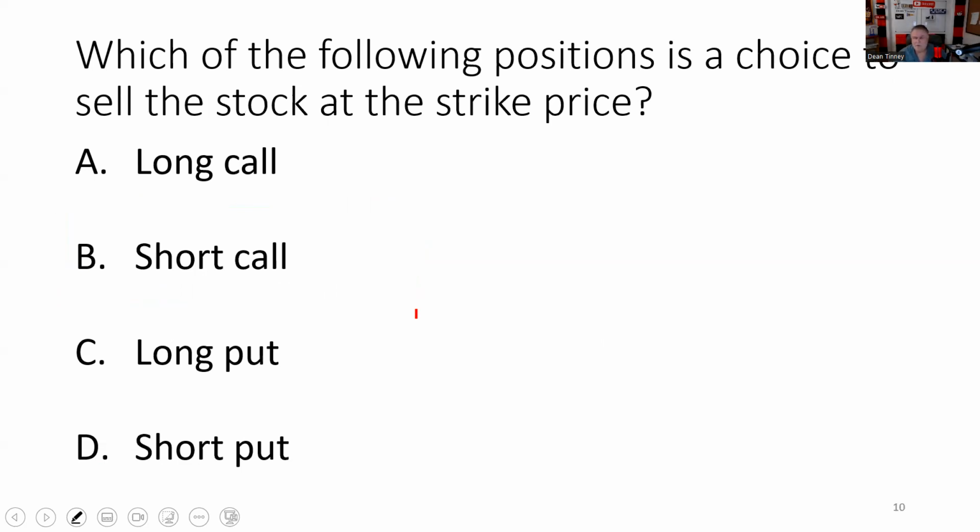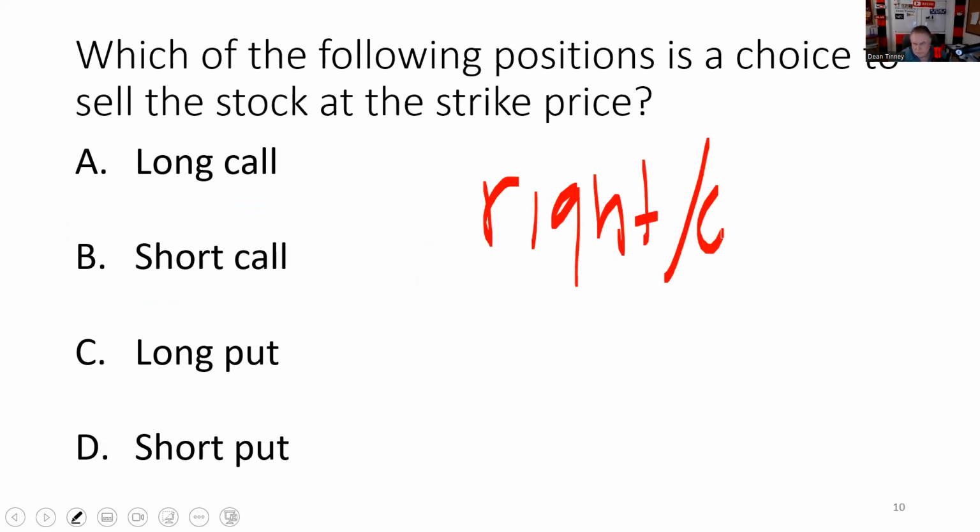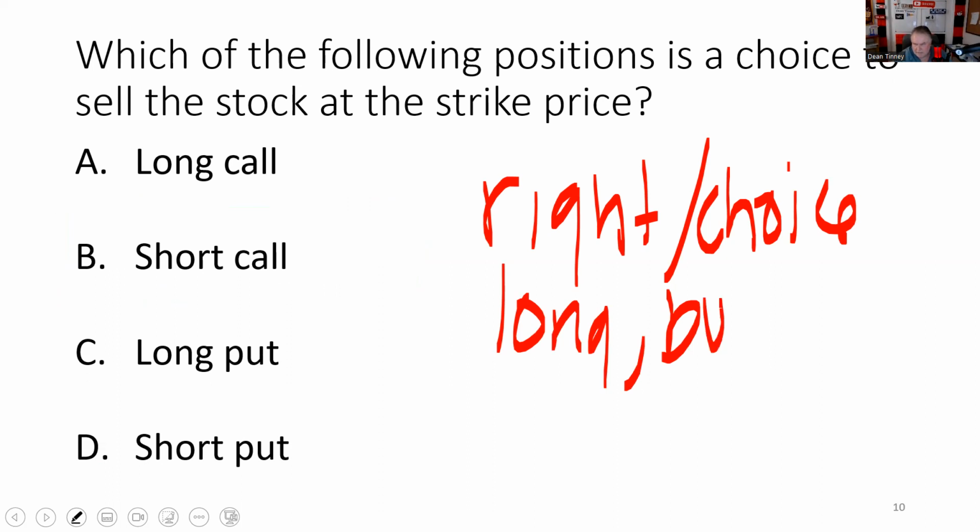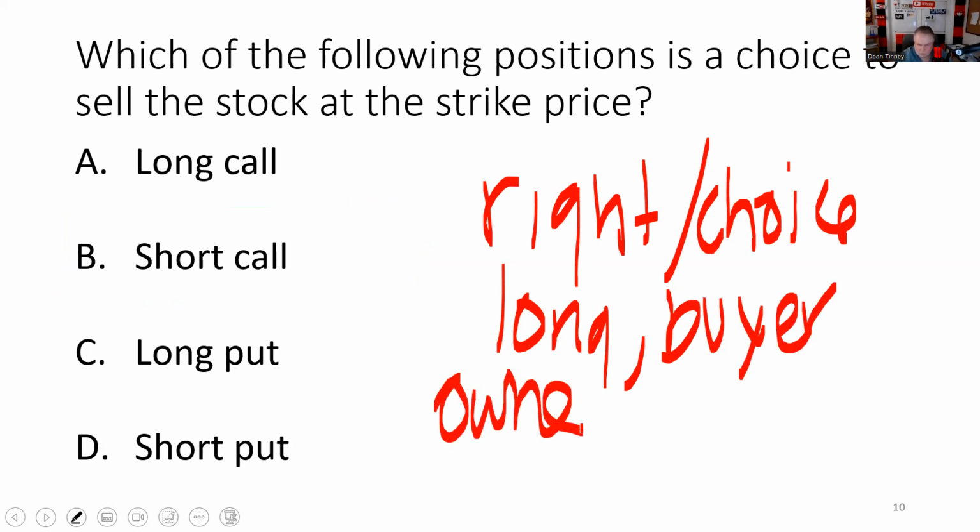Which of the following positions is a choice? When we hear the word right or choice, it's kind of like learning a foreign language. The other words we might use are long, buyer, owner, holder. There's just a lot of words that mean the same thing.